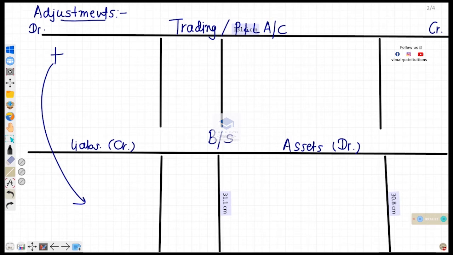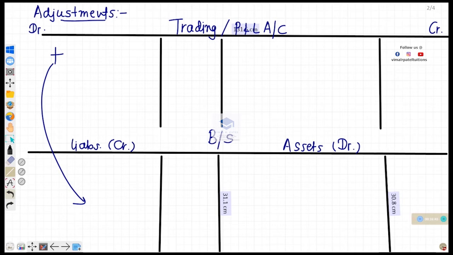Like outstanding salary, it will be added to the salary account on the debit side of the profit and loss account. The second effect will be on the liability side. So whatever effect we give on the debit side of the P&L account in the form of addition, the same will appear on the liability side of the balance sheet.